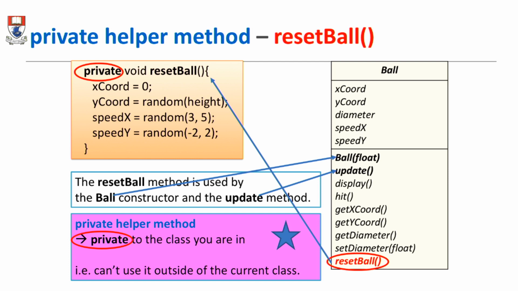So this is the bit that I'd like you to remember and make a note of. A private helper method is private to the class you're in, i.e. you can't use it outside of the current class. What makes that happen is putting this private keyword in front of your normal method definition. So this is called a private helper method.